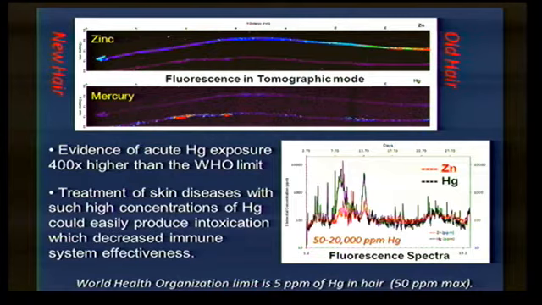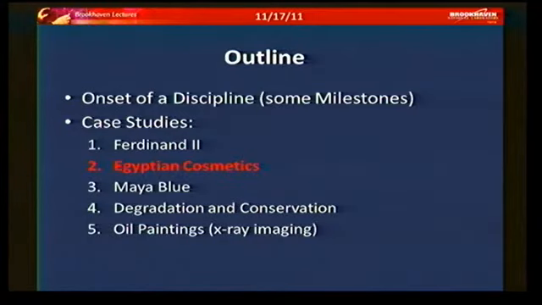So this is the reason why probably there was a sort of intoxication by using mercury products to cure the skin problems. So that's a typical kind of work which can be done by using this technique. Let me move on to the second example.